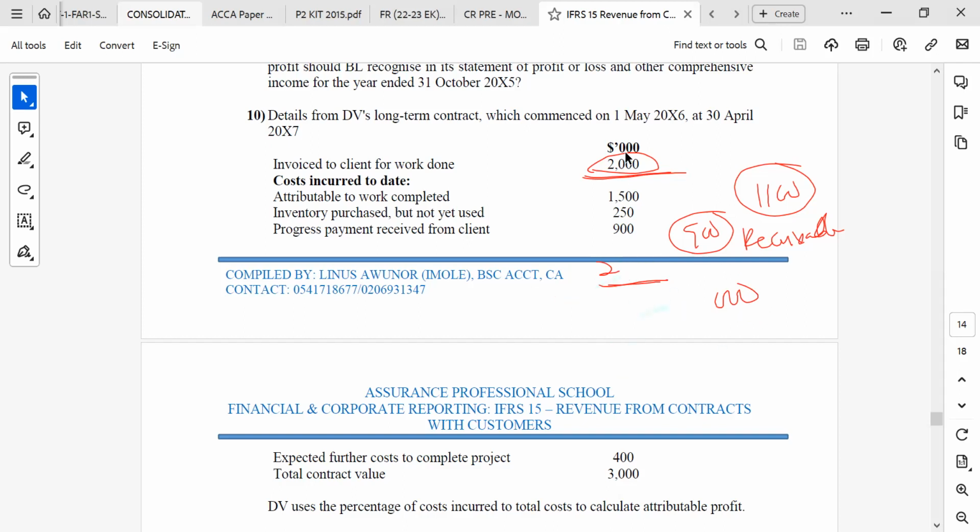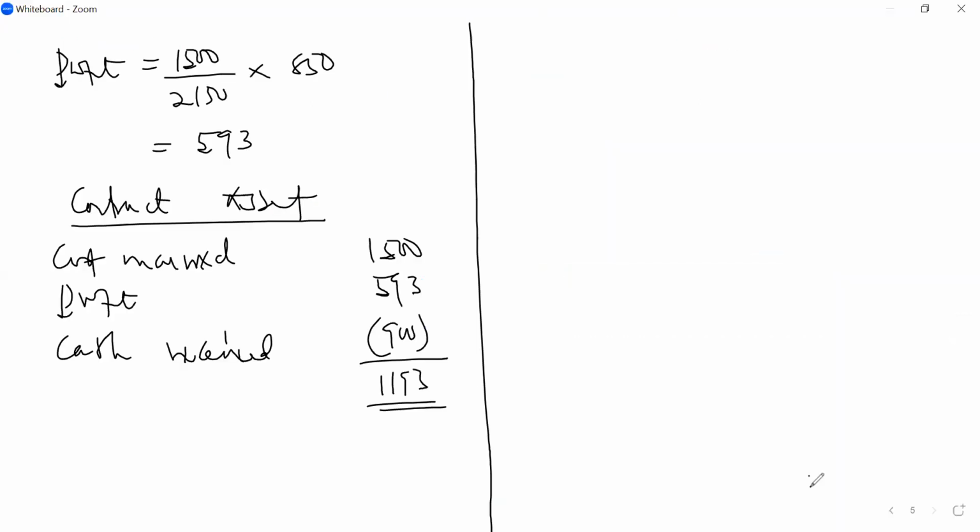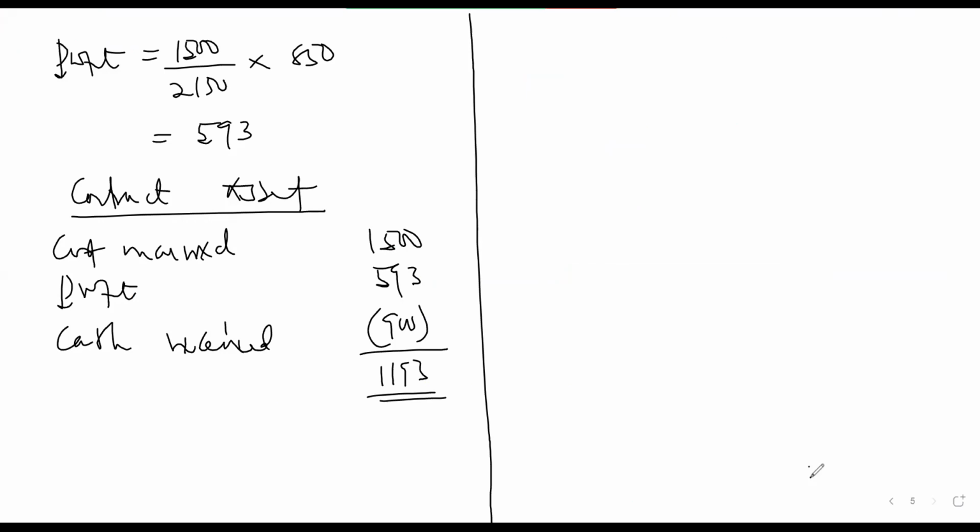What I also want to talk about right now is that they can ask you to do this one for 2 years. Let's assume that in the next year, the company have completed the contract at the same price. If they have completed the contract on the same price, what is going to happen now is this.